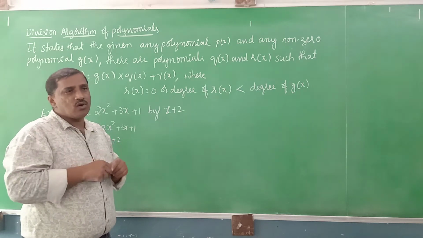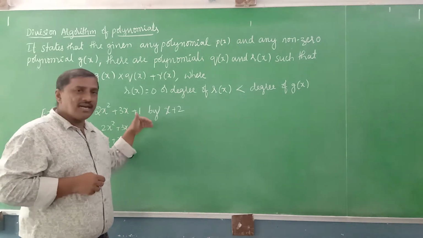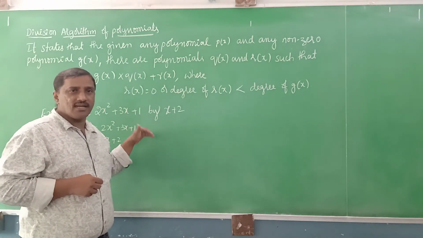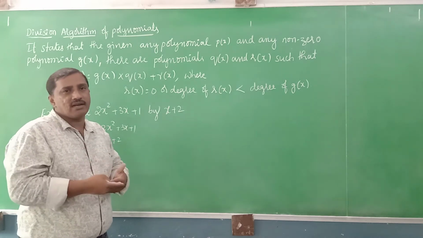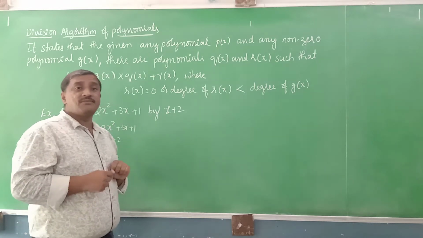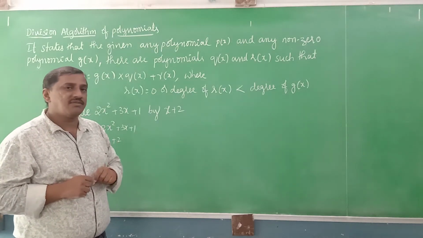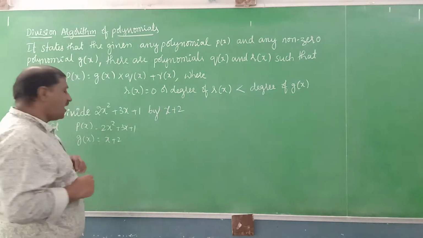Then multiply the quotient with the divisor, and write that product under the dividend. Then subtract, and repeat the same step. From the new dividend we get, divide the first term with the first term of the divisor, and repeat the process till we get the remainder.